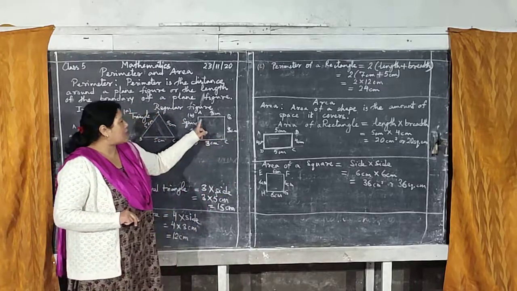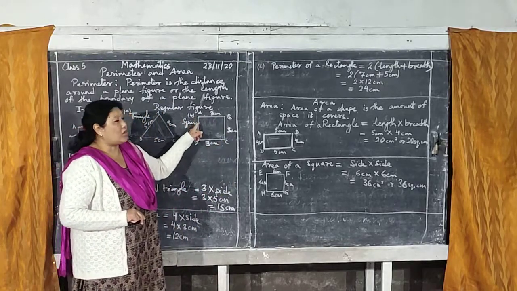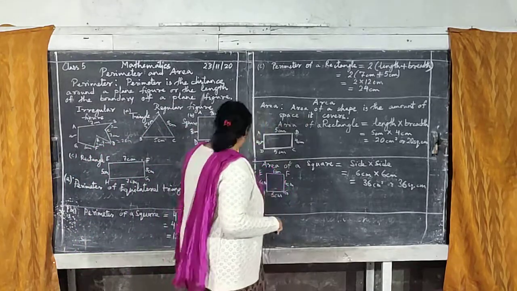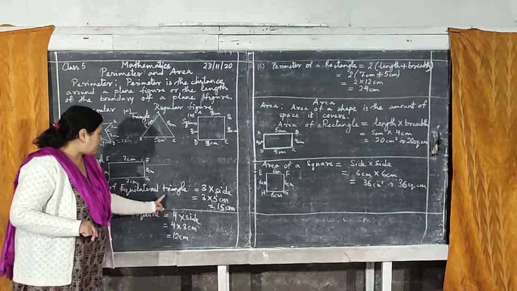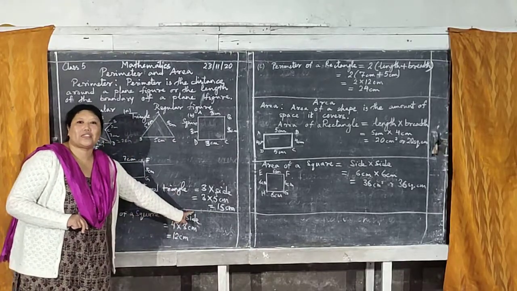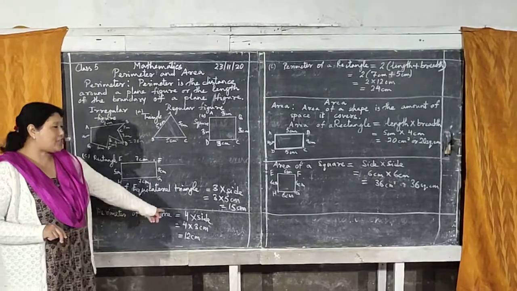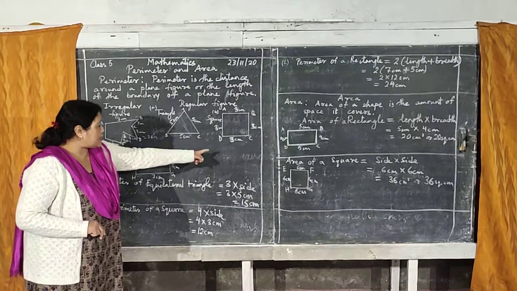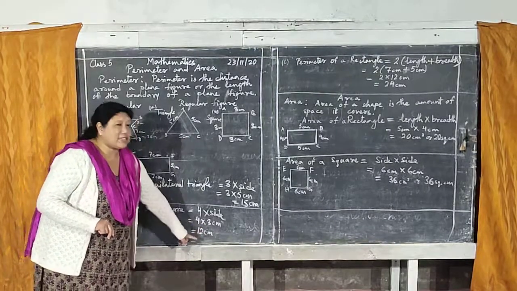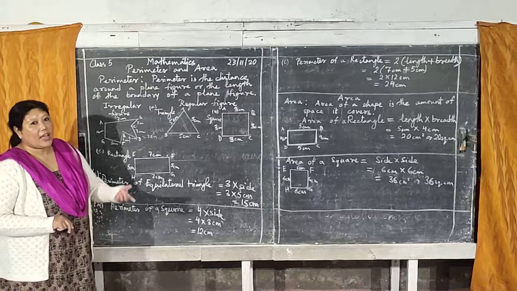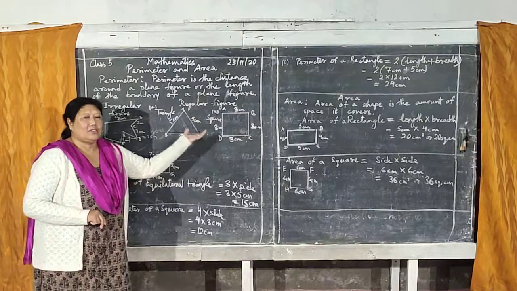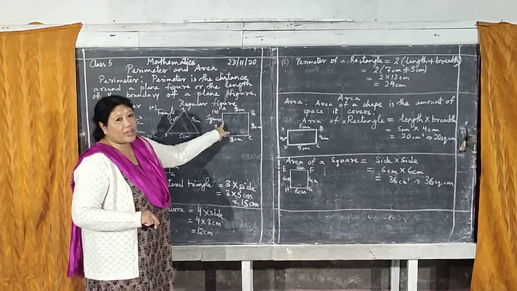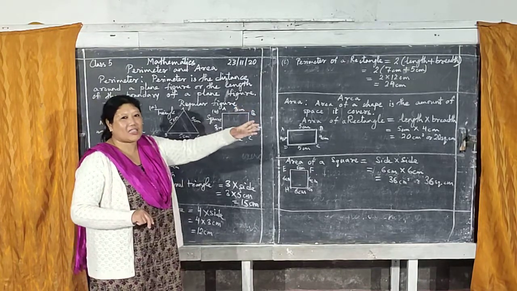How many sides? 1, 2, 3, 4. Multiply 3 by 4. The formula became, just like the triangle, 4 into side. So the perimeter of a square is 4 into side. The side is given as 3 centimeter, so 4 threes are 12 centimeter. As I said, here also there can be a decimal number like 3.3 or 13.68.